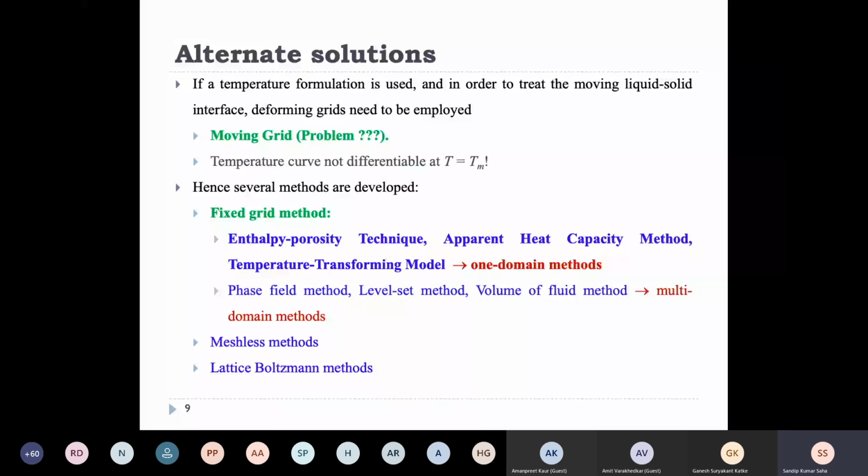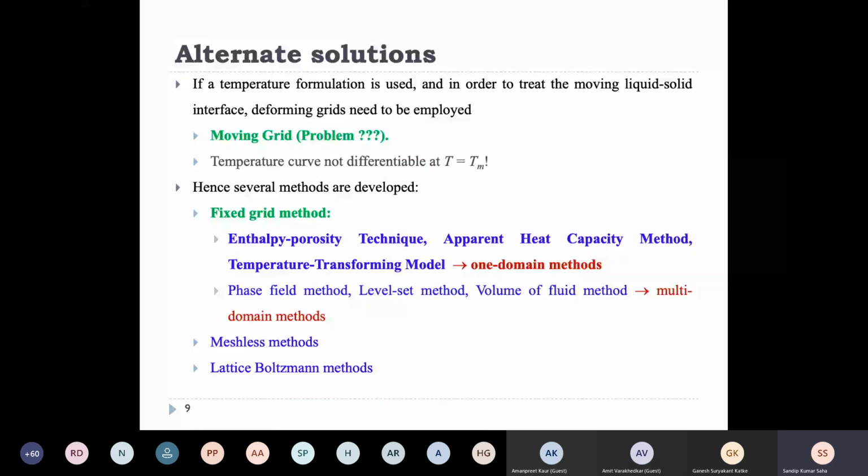That range I will say is a melt front. It may not be a sharp melt front, it will be a diffuse type of melt front, diffuse over a few control volumes.